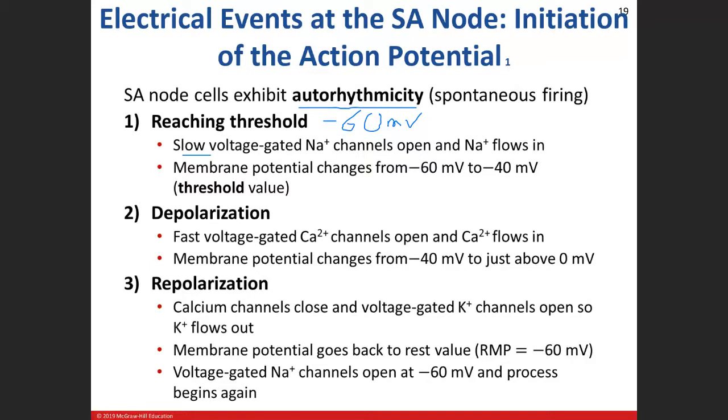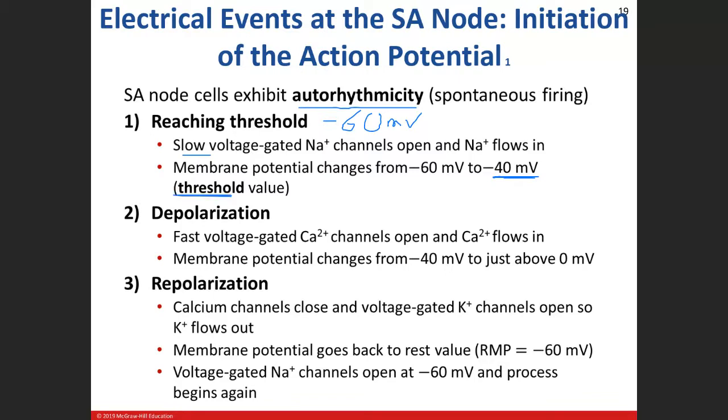What do we call that phenomenon? I've said it like 6 times today. Depolarization. Okay? So these positively charged ions are going to flow into the cell, and that is going to push our membrane potential to -40, okay? As soon as that happens, that's our new threshold value, by the way.